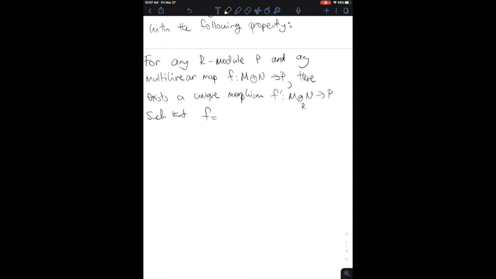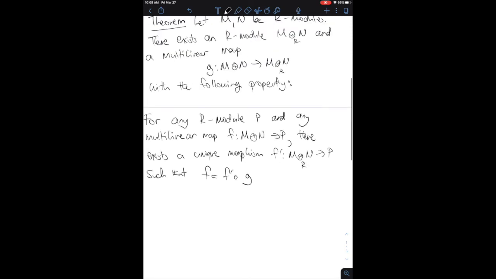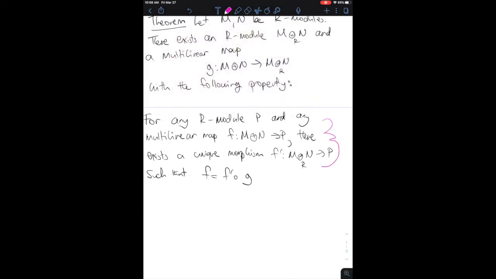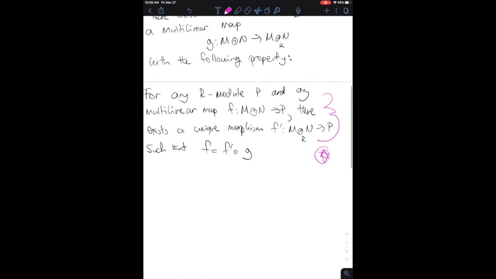So the same thing, such that F equals F prime composed with G, where G is the multilinear map that we have from the direct sum to the tensor product. So we call this the universal property star.